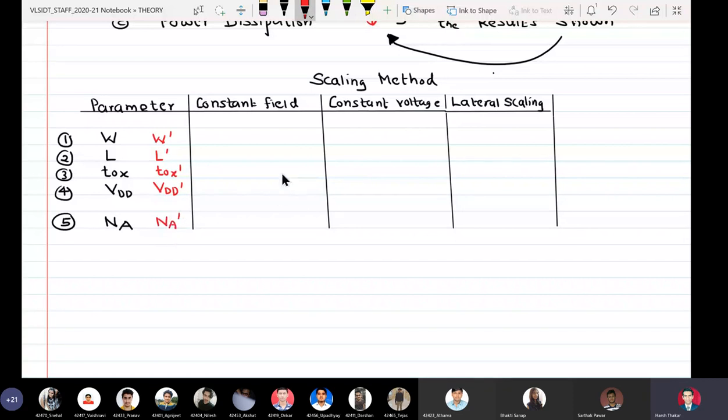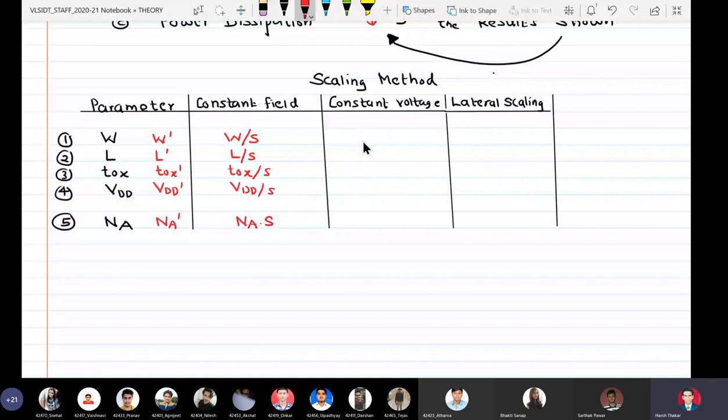We can either write W by S or we can simply say 1 by S. Constant field scaling: W by S, L by S, Tox by S, and VDD dash is VDD by S, and this is actually into S.